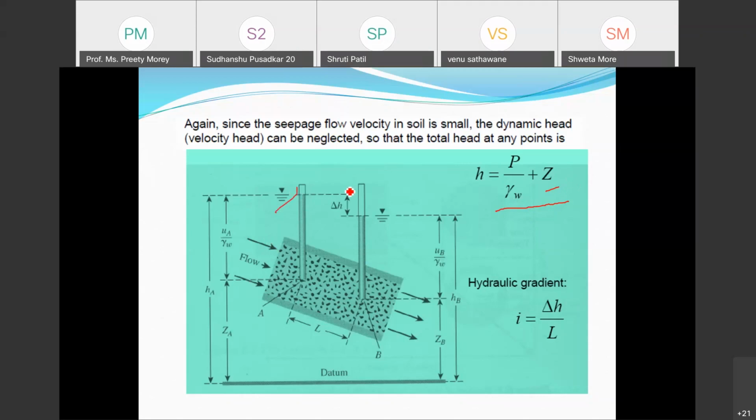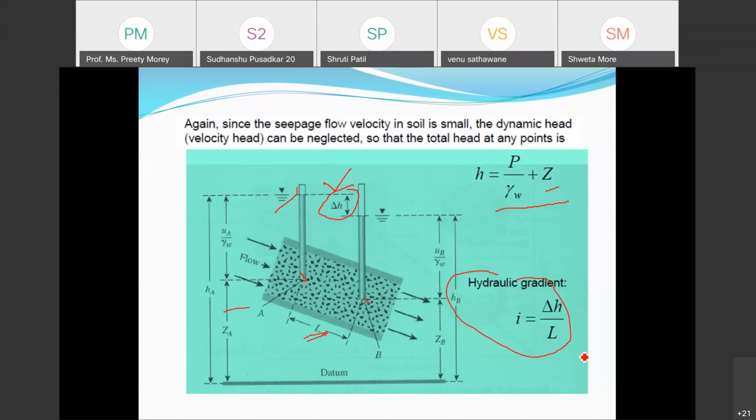So this delta H is the difference of the head. Suppose the water is flowing from this point to this point; it flows with this delta H. Now this delta H is the head loss, and the length it has traveled is L. Hence the hydraulic gradient comes as i is equal to delta H upon L. So with this hydraulic gradient, the water is flowing.